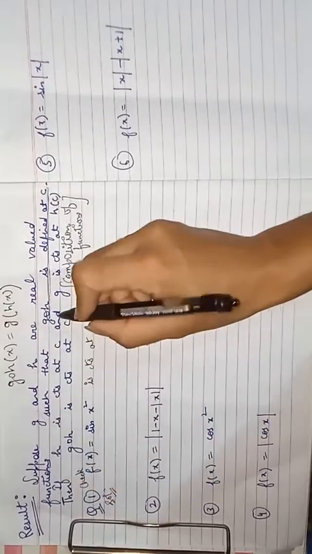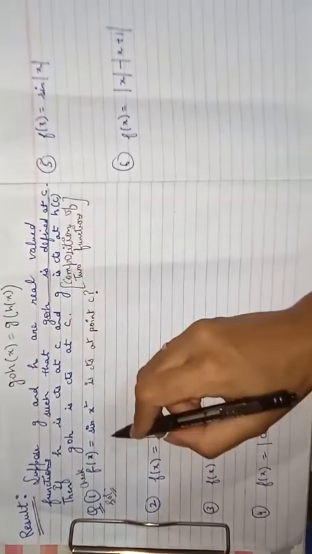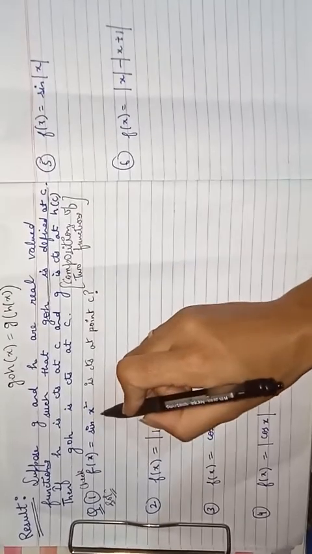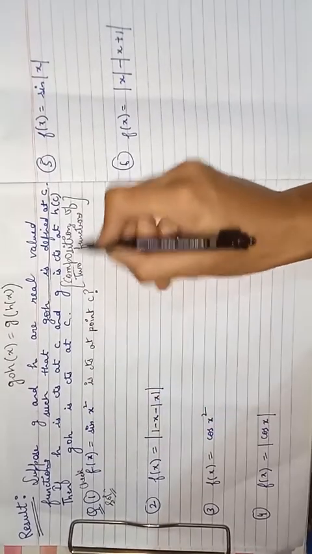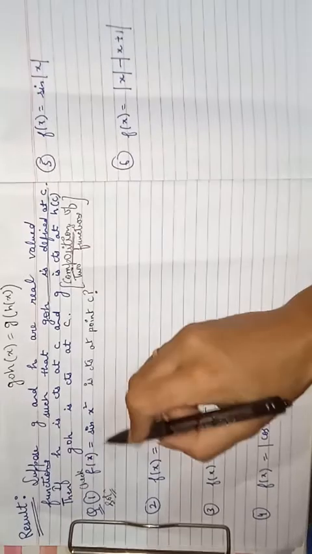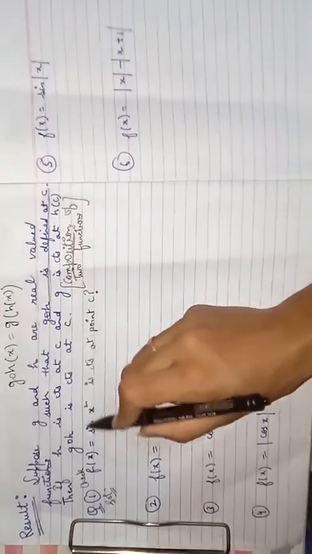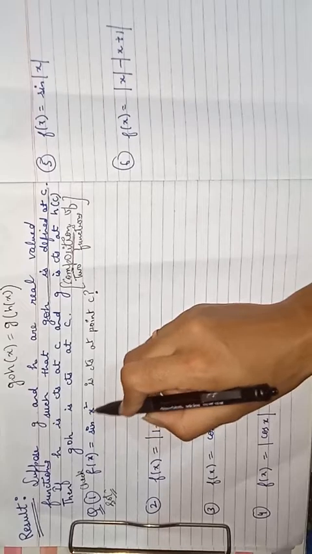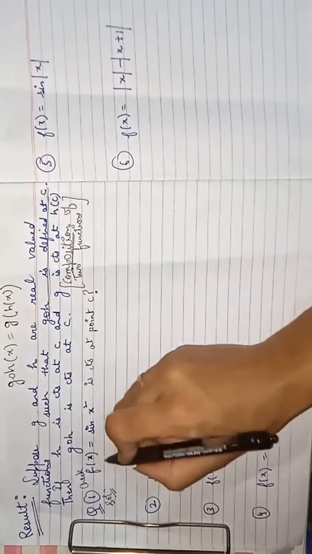Now using this theorem, we can check this function is continuous at point C. But you really need to know how to use composition of these functions. You can easily see that there are two functions. One function is sine of something and the other function is x square, right?